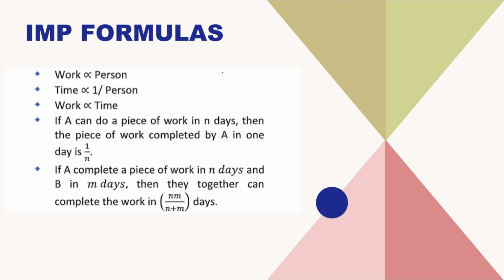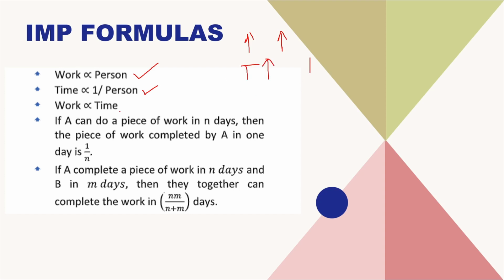But if two or three people are working together, then the work time will come down. So work is directly proportional to the persons, while time is inversely proportional to the persons. What is direct proportion? As the work increases, the number of people will increase.